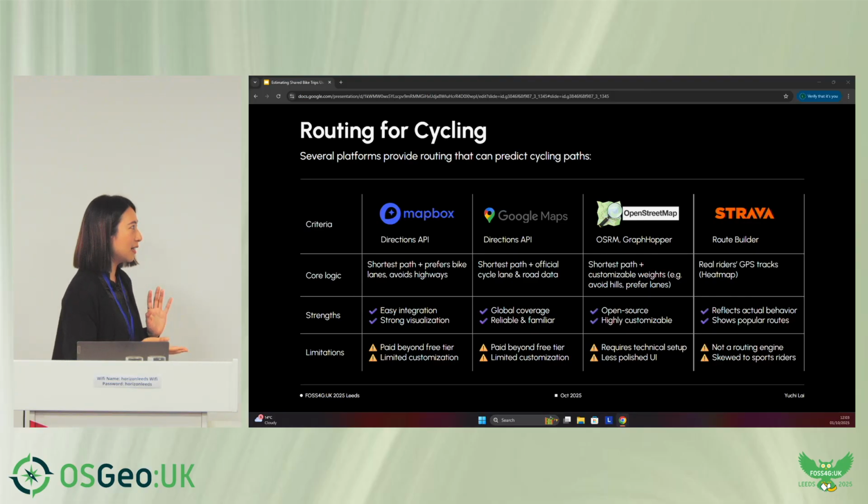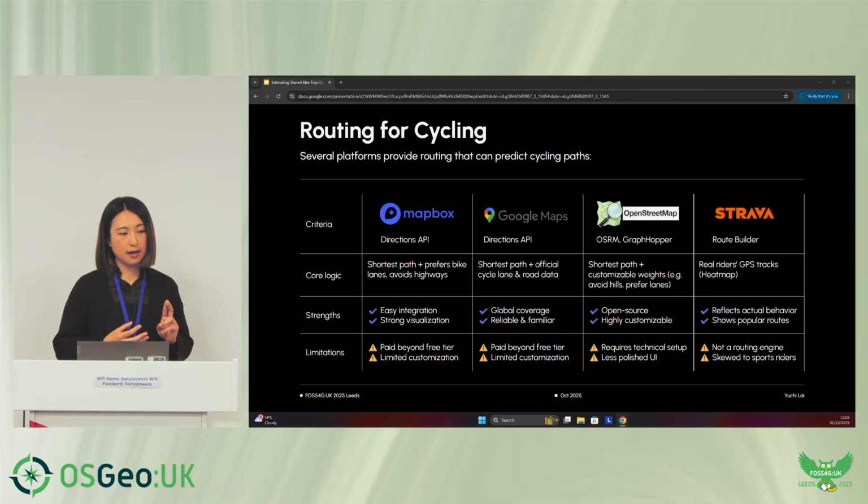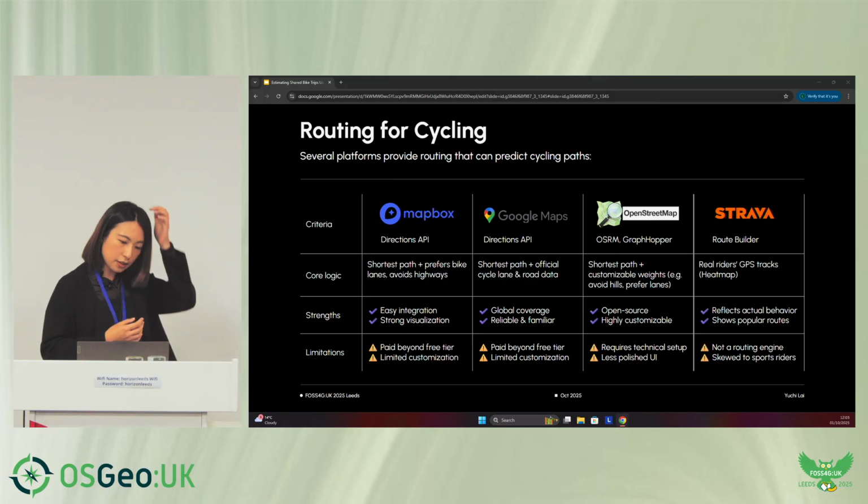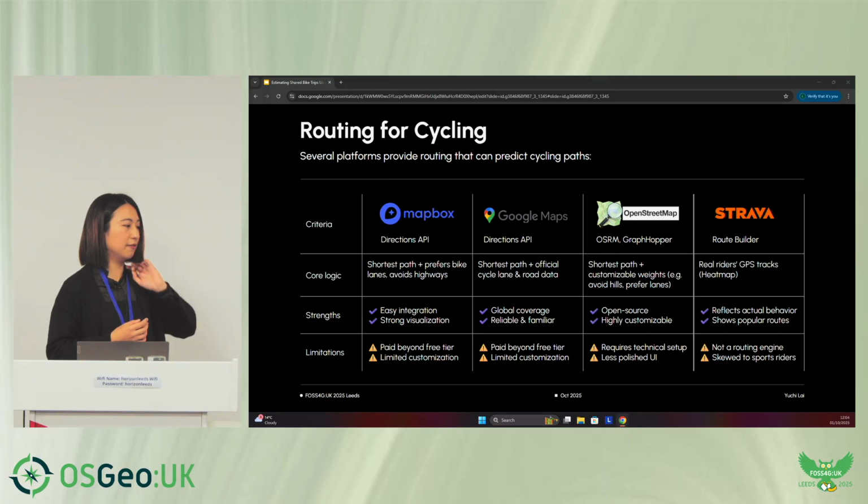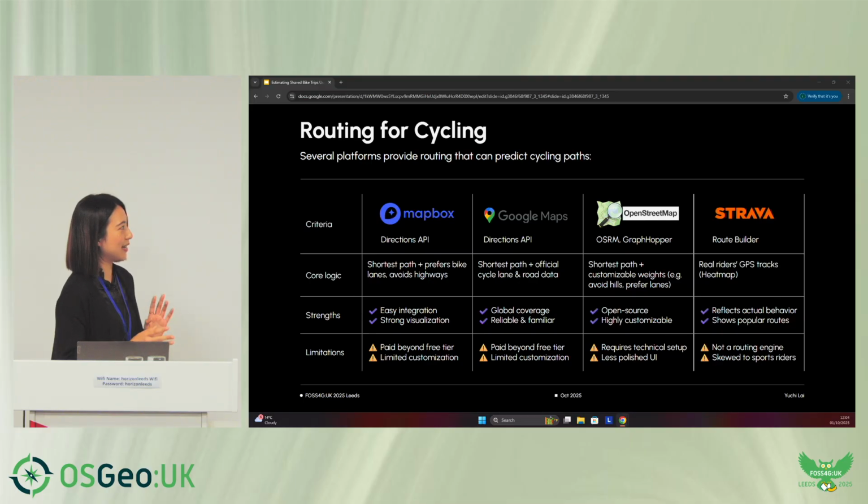And Strava is not actually a routing API, but I would like to mention it because it is the only platform that provides actual GPS data records from the riders. So they predict the most likely route from actual data. So these are the four platforms we can use for cycling routing, and each platform has pros and cons.